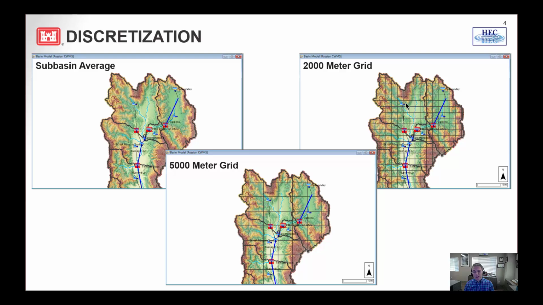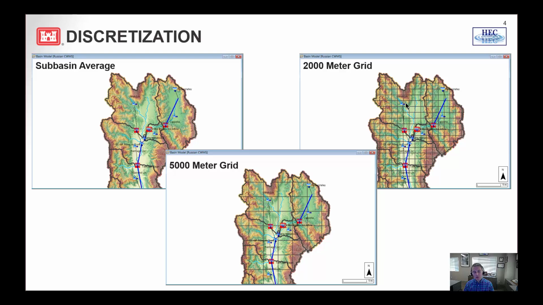This finer discretization really comes in handy if you have spatially varying precipitation. If spatially varying precipitation within the subbasin really doesn't happen, then you should consider using larger grid cells. So experiment with a 5,000 meter grid cell, or you could also experiment with not using grid cells at all. You don't have to use the Mod-Clark transform method.